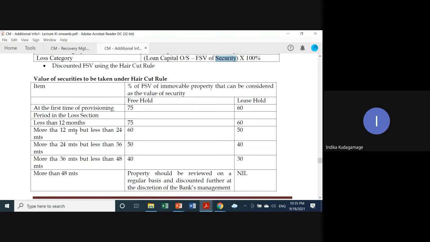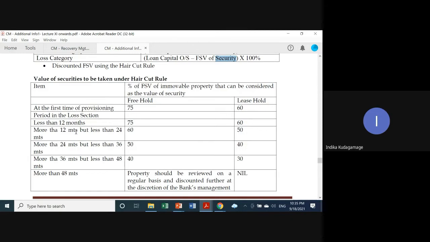Then we have the substandard category, which is more than 180 days in arrears. In that case, how do we do it? Within brackets, outstanding minus FSV into 20%.